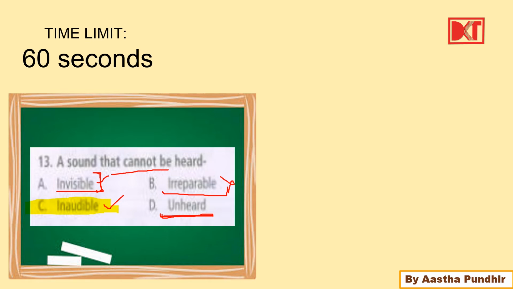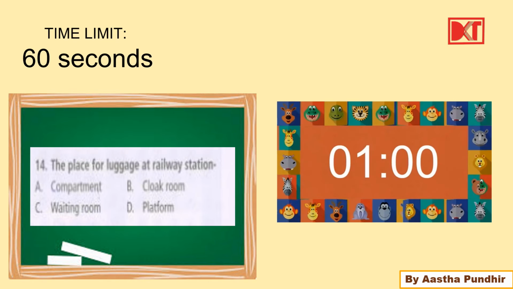I think there's a dish called bunny chow in Africa which I had never heard of, and when I got to find out about it, I would say, this dish is unheard of by me. It doesn't mean that we cannot hear the dish, the word or the sound; it means I had not heard about it before. It is unheard of. All right. So the answer is C, inaudible.